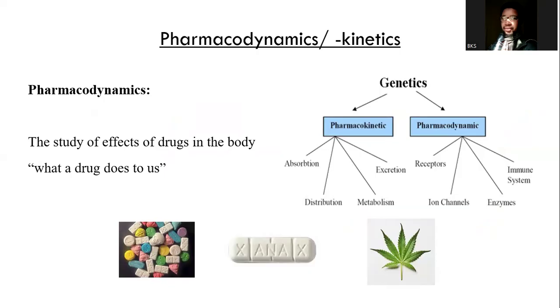We have laid the foundation so that as a forensic toxicologist you should be able to understand what happens to a particular chemical when it enters the body, how the body deals with that chemical, and how the chemical deals with the body. If the chemical deals with the body, it produces certain symptoms.